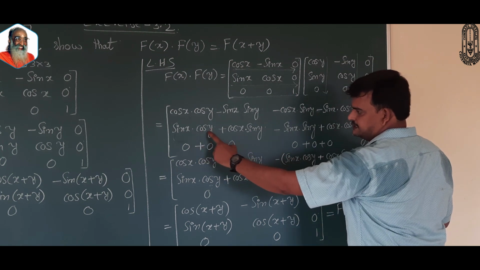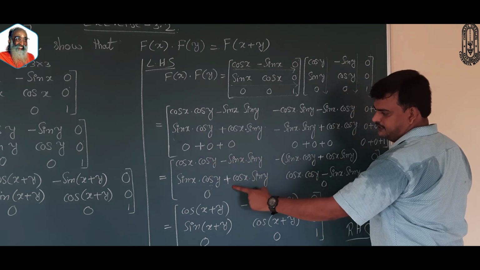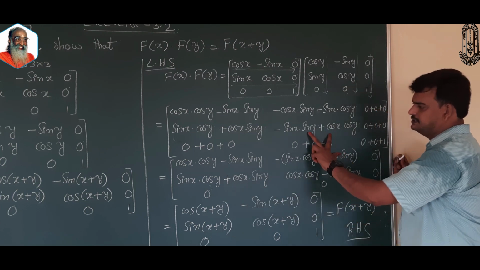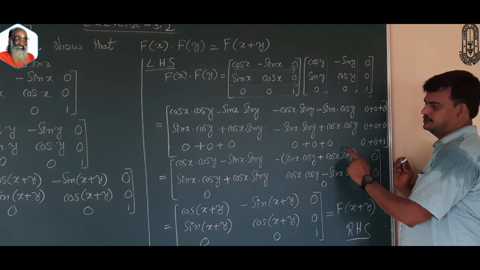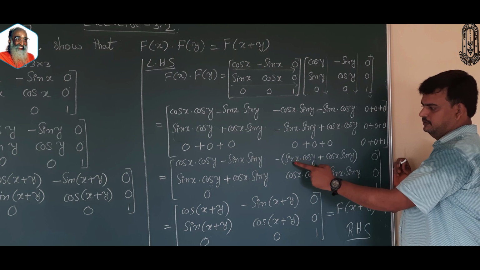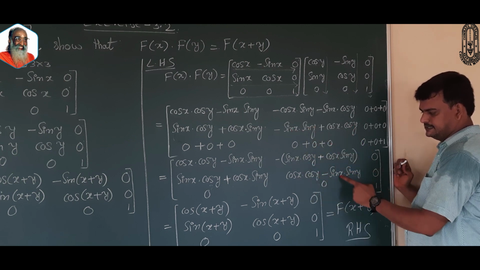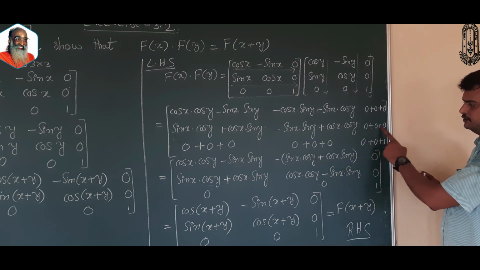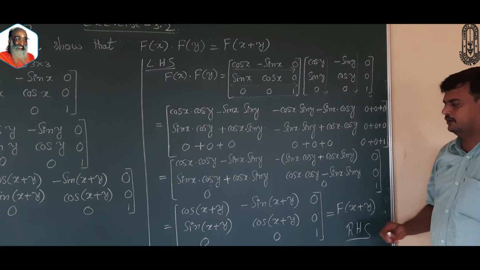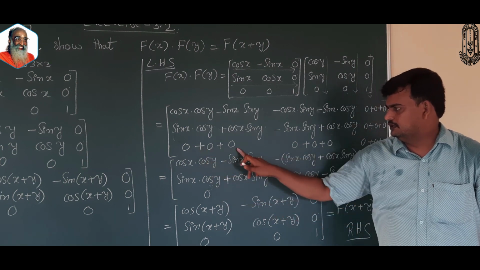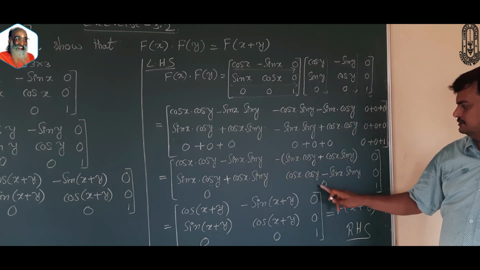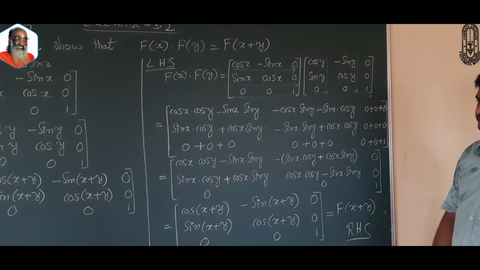Now sin x cos y plus cos x sin y as it is we are writing. Just these two terms we are interchanging, so that we will have cos x cos y minus sin x sin y. 0 plus 0 plus 0 will get 0. Now here as usual, all three zeros, 0, 0 and 1.